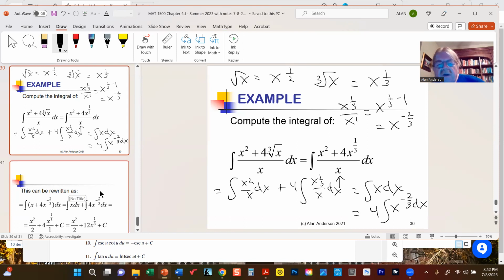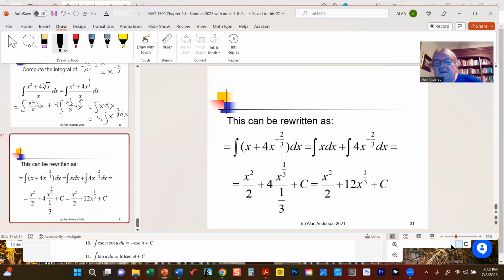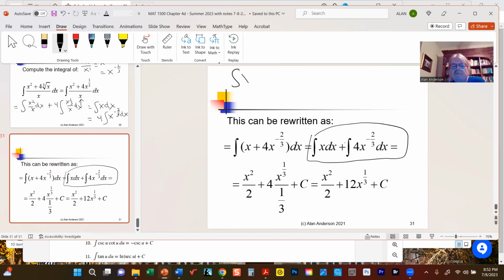All right, so that's what I have in the next slide. And so that's where we are now. Although this 4 ideally should be on the outside. But anyway, based on the power rule, this first one gives us x squared over 2.